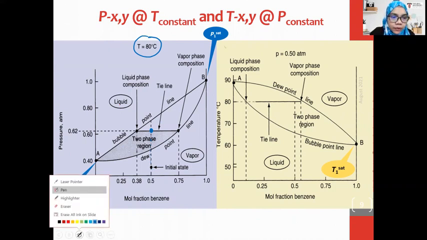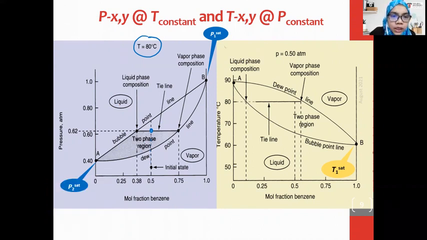But when we refer to the microscopic level, this is called the tie line here, which represents two compositions. So for the liquid phase, we can draw this line, the liquid phase as xB equal to 0.38 at 0.62 atm.